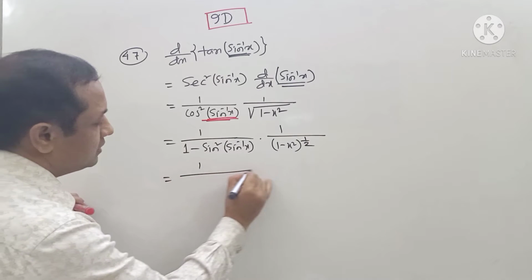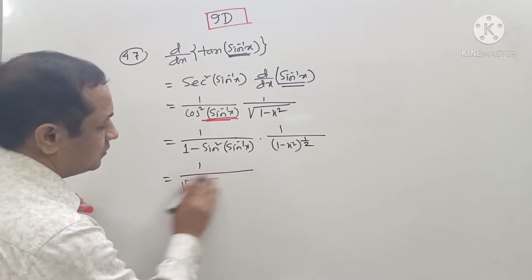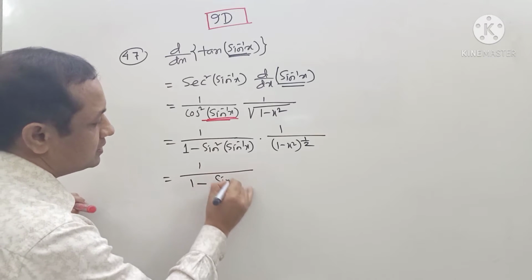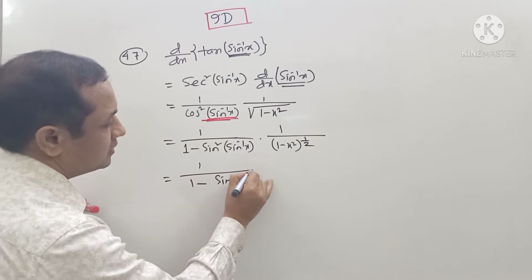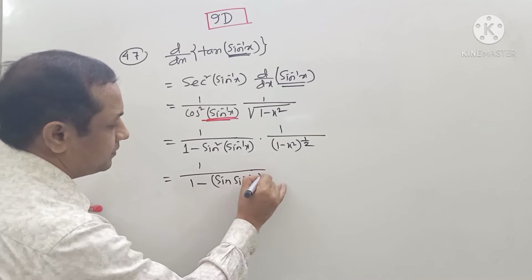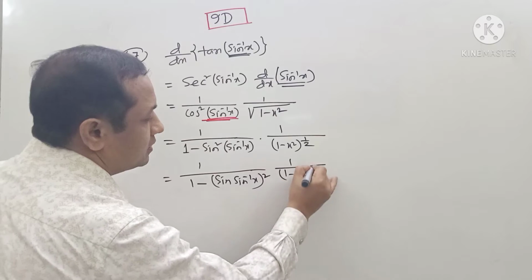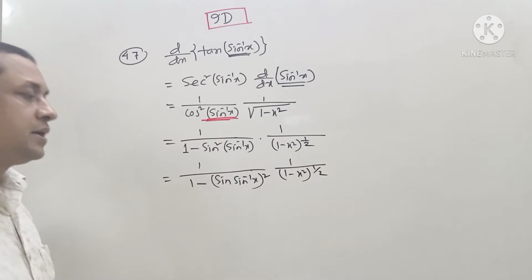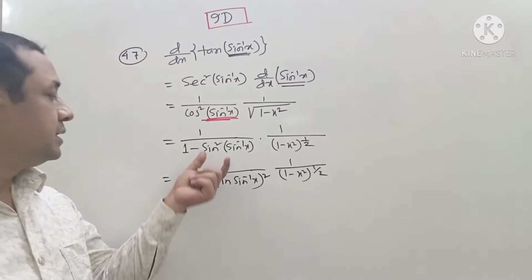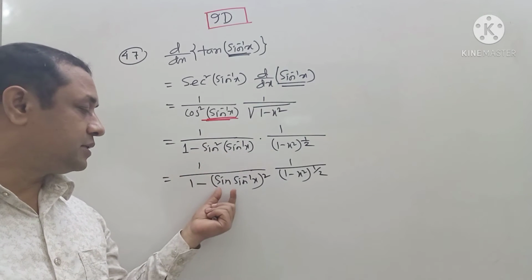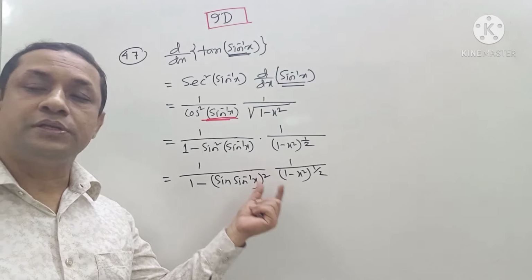Then 1 by root over 1 minus sin² θ, where sin² θ means (sin θ) whole squared. Then we get (1 minus x²) to the power half. I say again, student, here 1 minus sin² θ, sin² θ means (sin θ) whole squared.